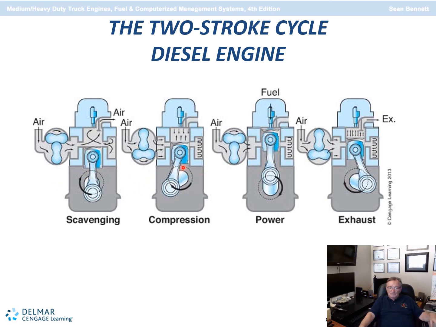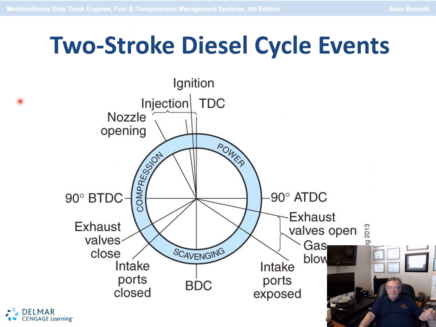Compression occurs on the upward stroke, and the fuel is introduced, creating the power stroke, and the exhaust occurs as the piston travels down and then back up. The 2-stroke cycle is 360 degrees. Our 4-stroke cycle is 2 rotations of the crankshaft, which is 720 degrees, but the 2-stroke occurs in 360 degrees, and it's represented in this circular chart here.